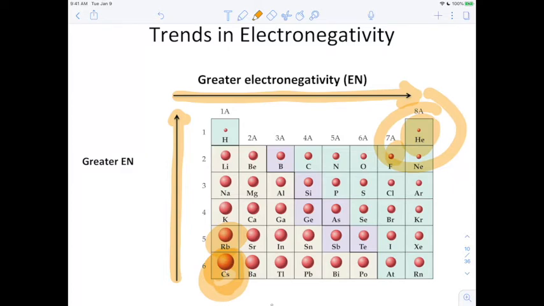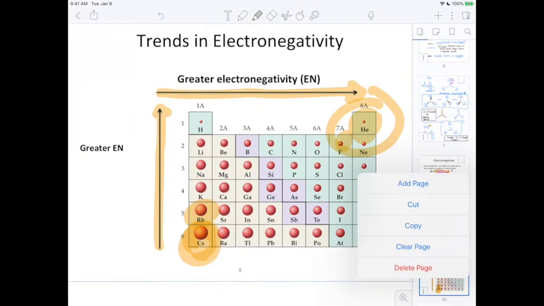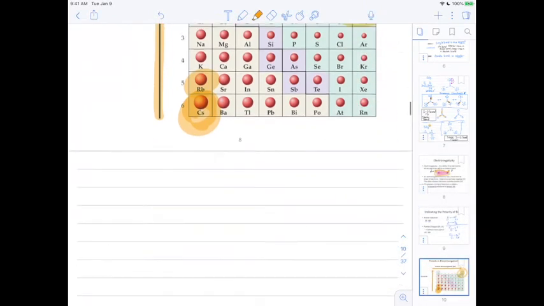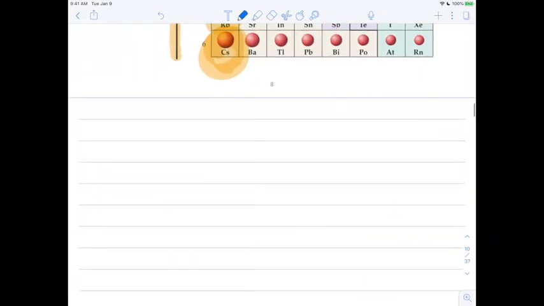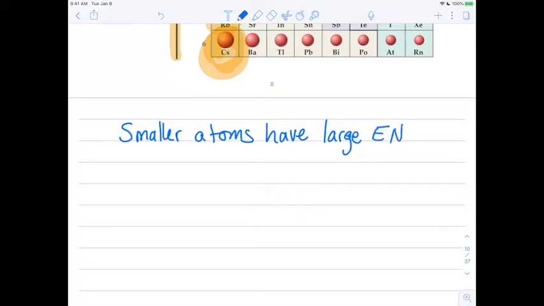All right, so again, small atom is a large electronegativity. Let me go ahead and write that out just so we have it. So what we see is our smaller atoms have large electronegativity. So En is our abbreviation for electronegativity.